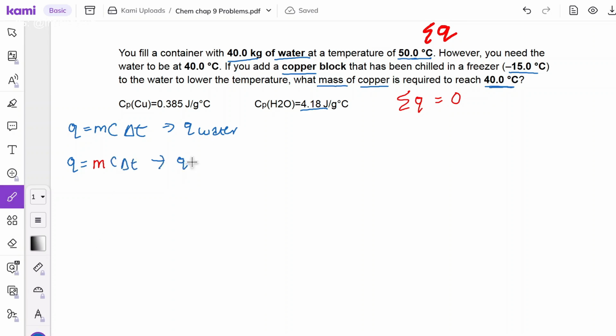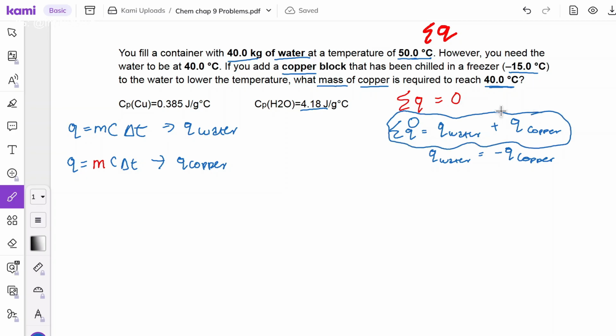This is going to be Q of copper, and we know that the sum of all the Q's is Q water plus Q copper, and since this is 0, you can move one of the equations to the other side, or actually we won't move it for now, we'll just leave it like this. You could move it and have Q water equals negative Q copper, but it doesn't matter. You can do it like this, and I'll show you how to do it in the problem.